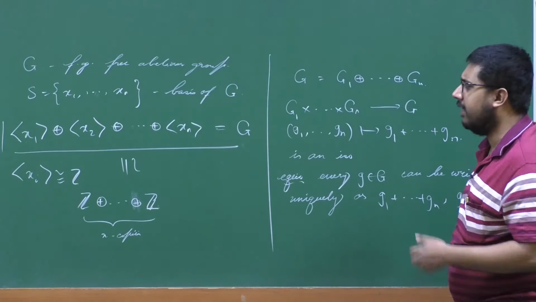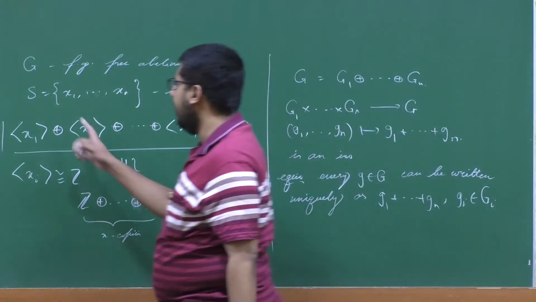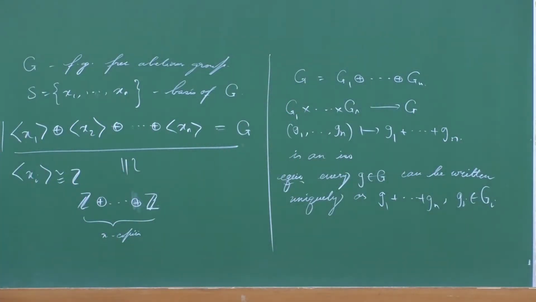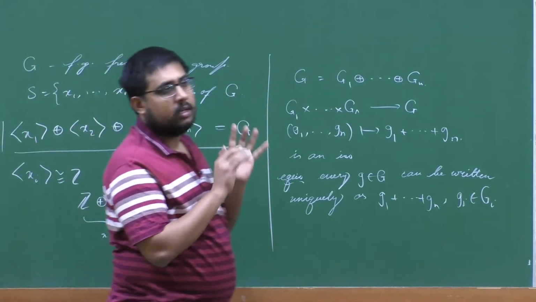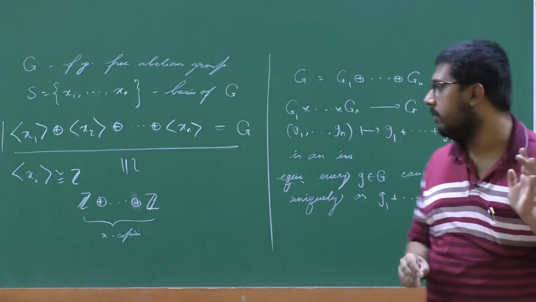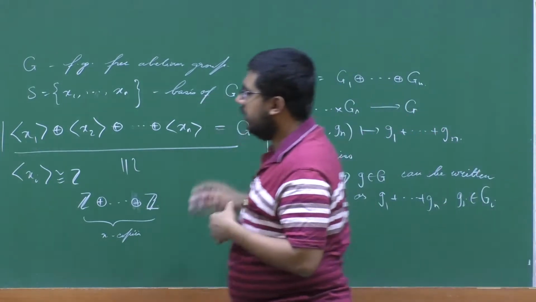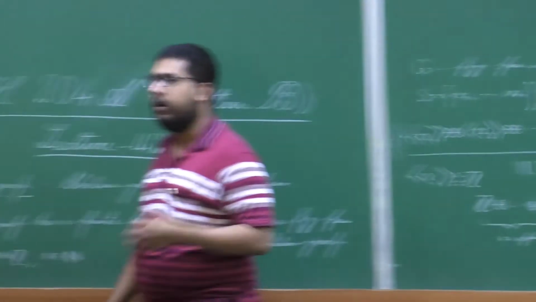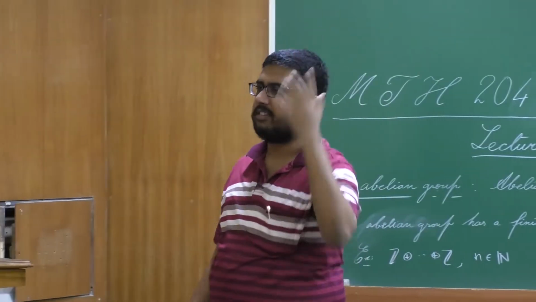However, as I said, there are still possibilities where G can have another basis consisting of precisely m elements where m is not equal to n. We haven't ruled them out, we have to rule them out, and of course G might have a basis consisting of infinitely many elements.